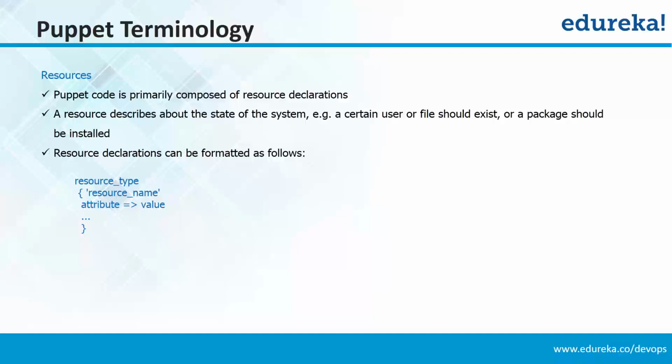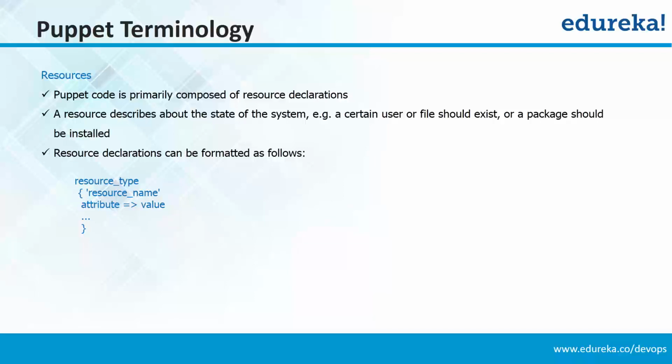Puppet also comes with a whole bunch of its own terminologies. Understanding these core components is going to help you write better Puppet code. What we have are called resources.